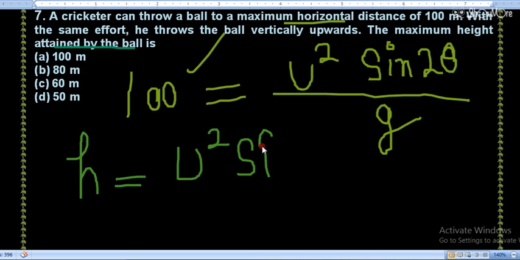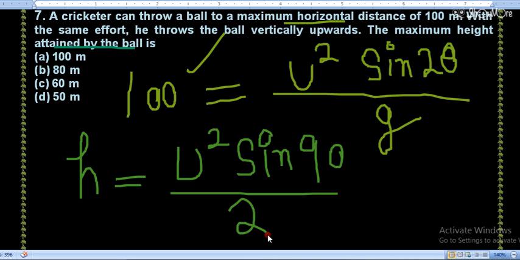So what is sine theta in this case? Sine theta is equal to sine 90 degree, because the ball is thrown vertically upward. So sine 90 will be here, and in the denominator we have 2g. So this is the relation for maximum height.